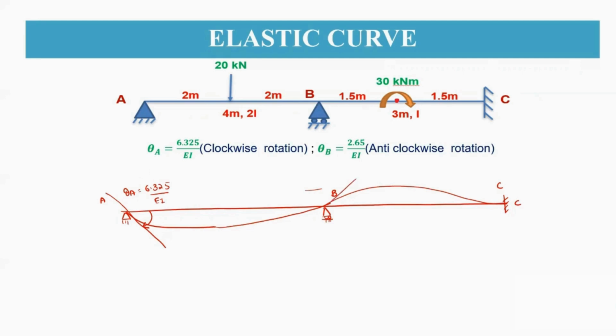Whereas at B, when we draw a tangent, it is an anti-clockwise rotation, and theta B will be equal to 2.65 by EI. Whereas here theta C will be equal to 0. So this is the elastic curve. This is positive, so clockwise. And at B, it is negative, therefore it is in the anti-clockwise direction. So this is how you're going to draw the elastic curve for this problem.